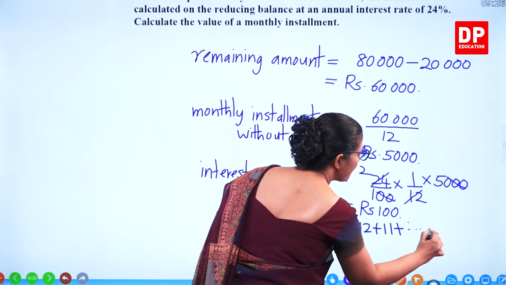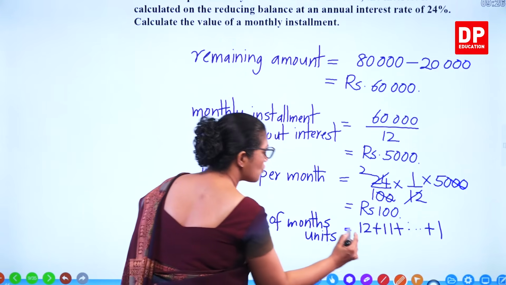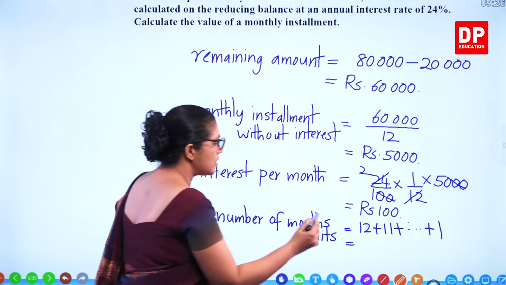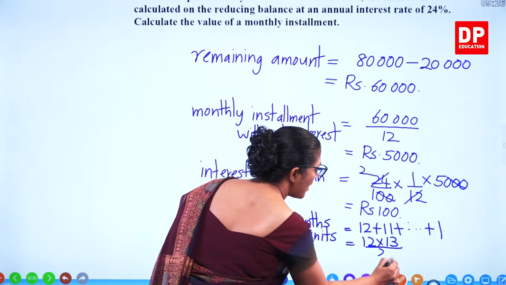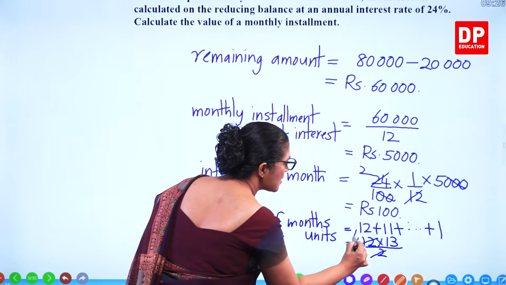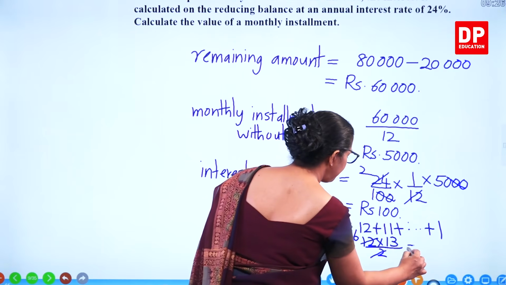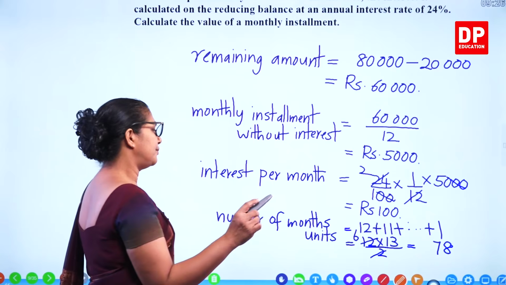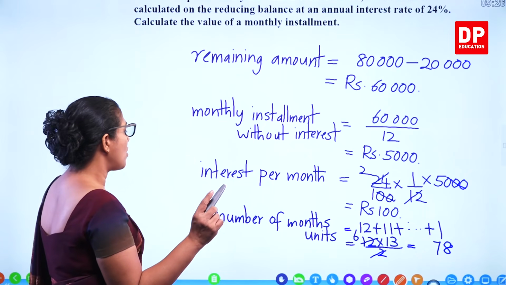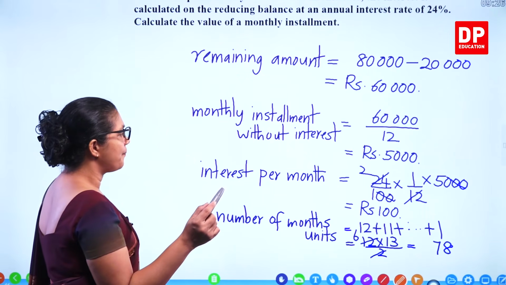What's the formula? You take 12 multiplied by the next number, 13, divided by 2. So 6 times 13, 78 installments. Month units are there.